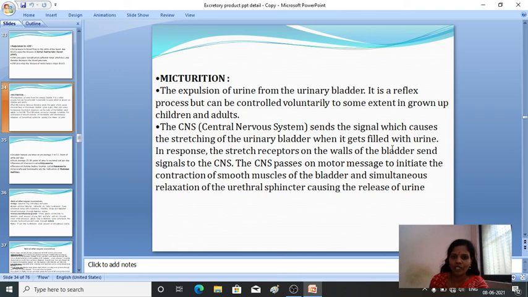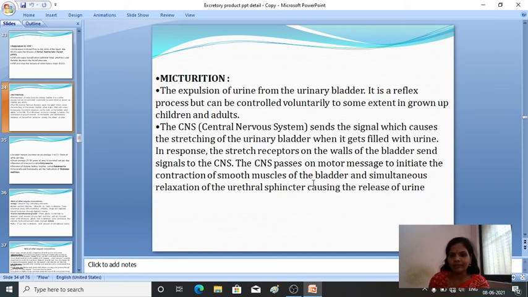In response, the stretch receptors on the walls of the bladder send signals to the central nervous system. Then further, the central nervous system passes on the motor signal to initiate the contraction of the smooth muscles of the bladder. Fine.